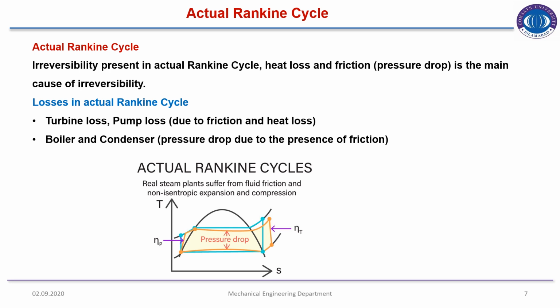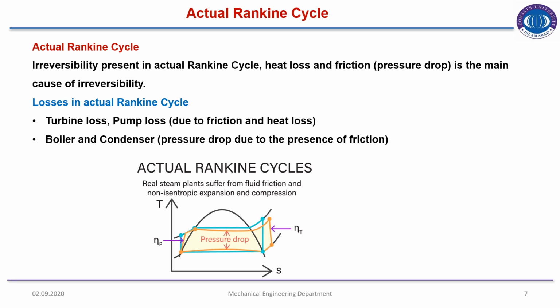The losses in the actual Rankine cycle are the turbine loss and pump loss. These two losses are due to fluid friction and heat loss. Whereas the losses in the boiler and condenser are only due to the presence of friction, and the losses are the pressure drop in the boiler and condenser.